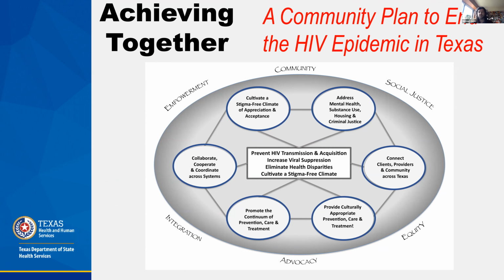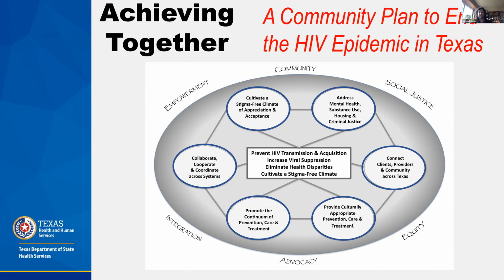But really what we're trying to do here is to address the main social determinants of health and those characteristics of the HIV population that we serve and maybe that are prevalent in our areas if we're not serving them yet, so that we can have a really good concrete understanding of what the service needs are in our area, what the needs of the HIV population in our area are, and how we can meet all of those needs by providing efficient and timely services to people living with HIV in our area.